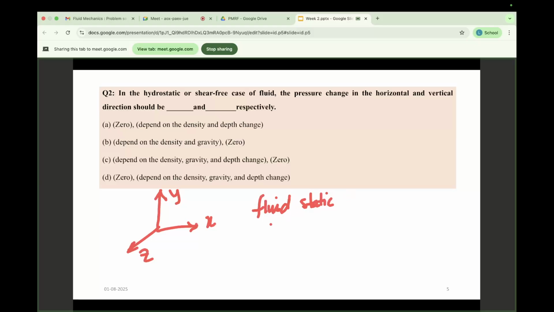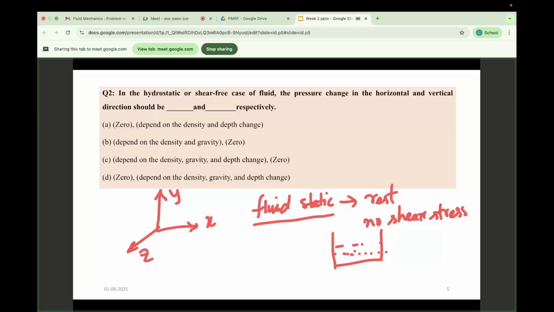And there is no shear force, since it is at rest, no flow is there, so no chances of any stress. That means in the horizontal direction, see, if this is a water body, this one is your horizontal direction, right? This one is your x.